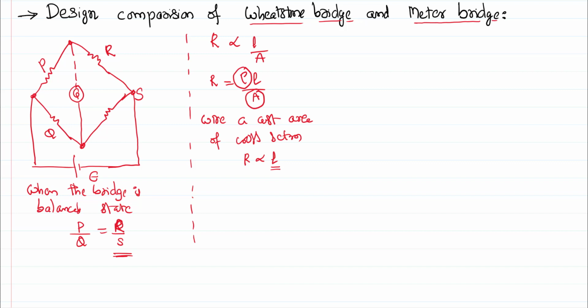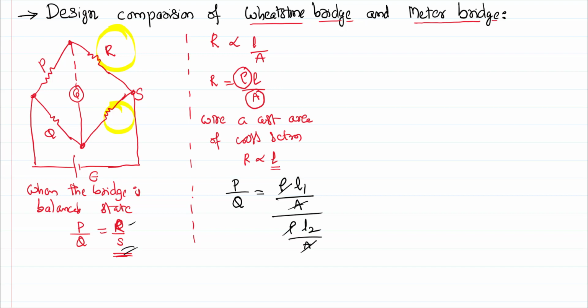So instead of taking the resistors R and S, we will take the lengths of the wires. So what's the formula I can write now? When the meter bridge is balanced, P by Q equals rho L1 by A. In the place of S also, we take a wire of the same material having some different length, with the same area of cross section.